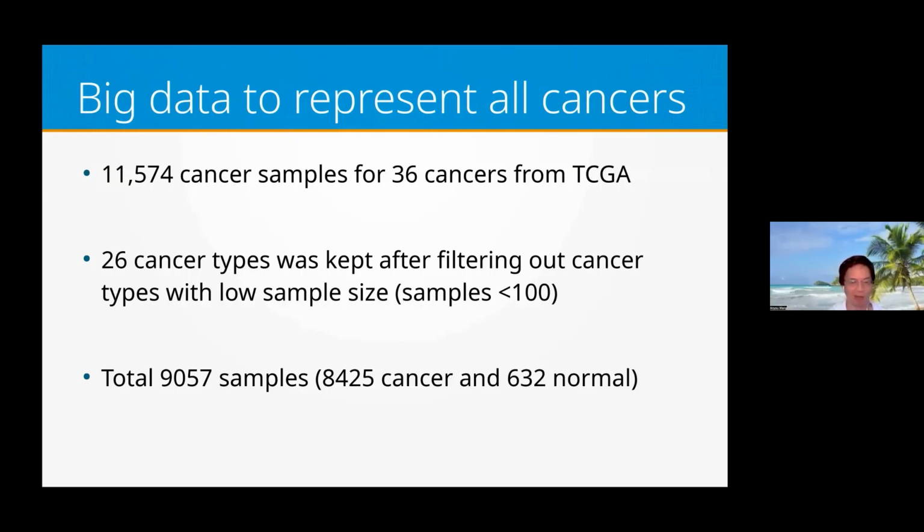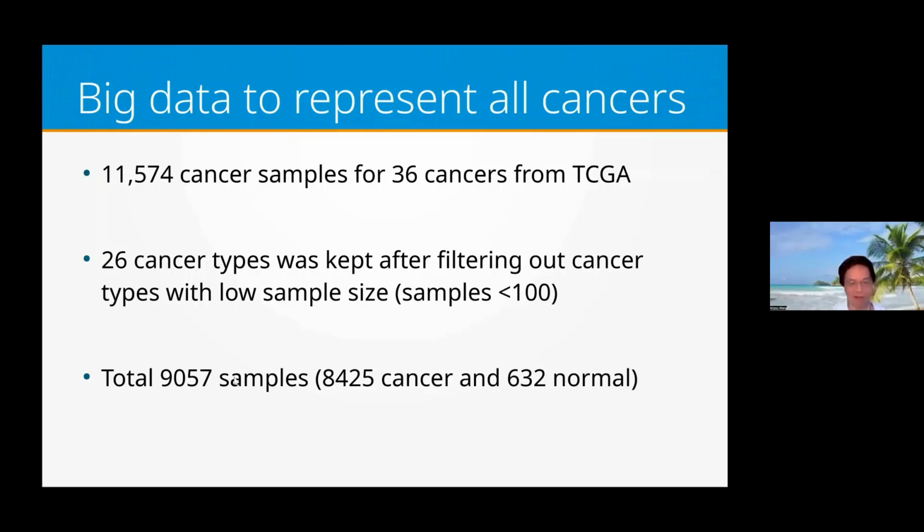However, some cancer types have a sample size of less than 100, so I deleted those and got 26 cancer types. In total there are 9,000 samples, including 8,000 cancer and 600 normal.